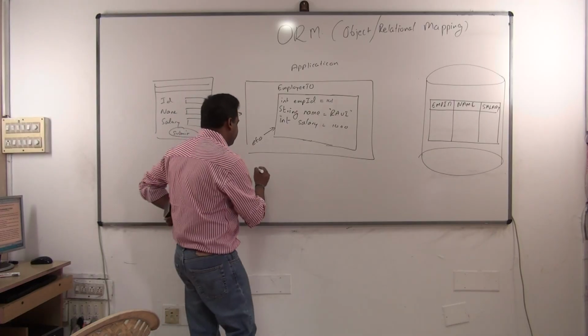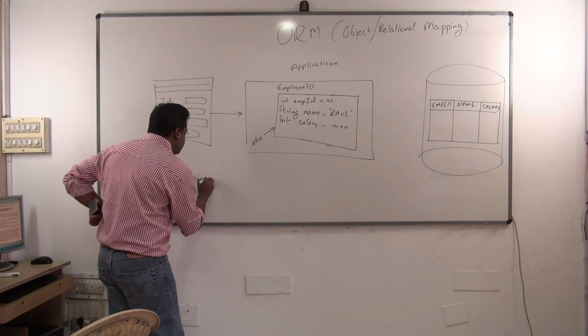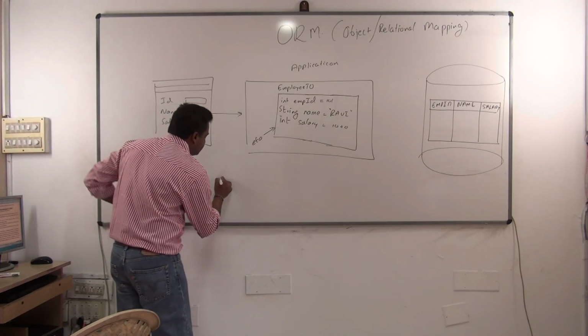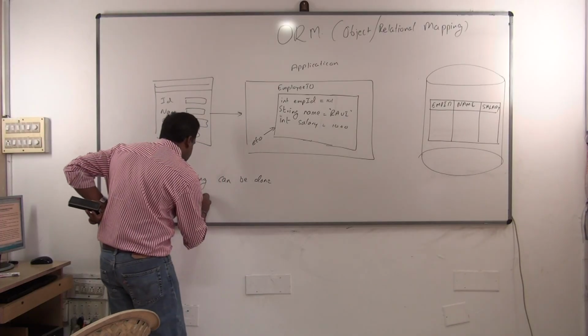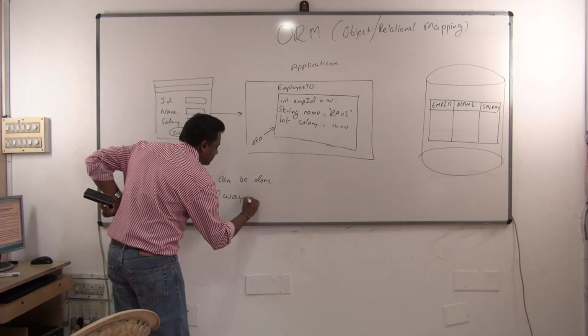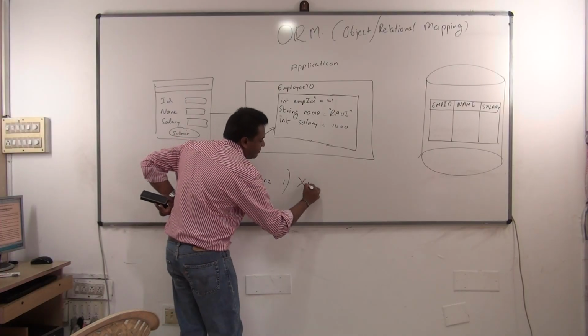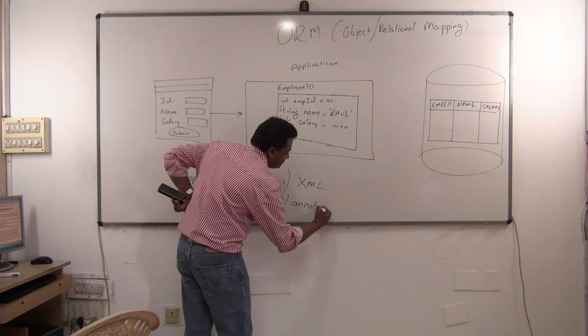So we will do it with the help of mapping. Mapping can be done in two ways: one, XML; the other one, annotation.